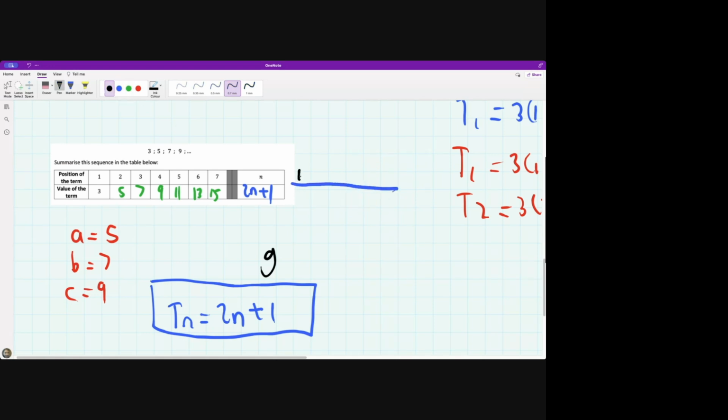What if I said to you this was 101? Could you work out what goes over here? So if the position of the term was 101, could you work out what goes here?